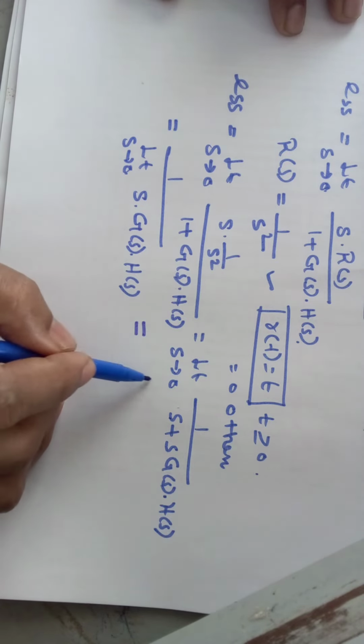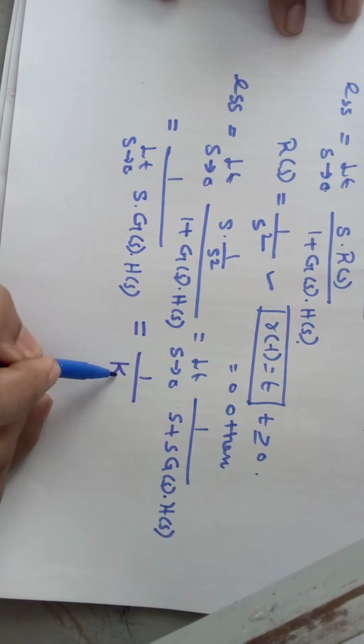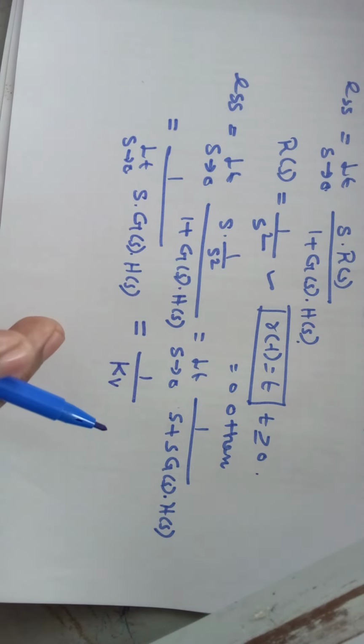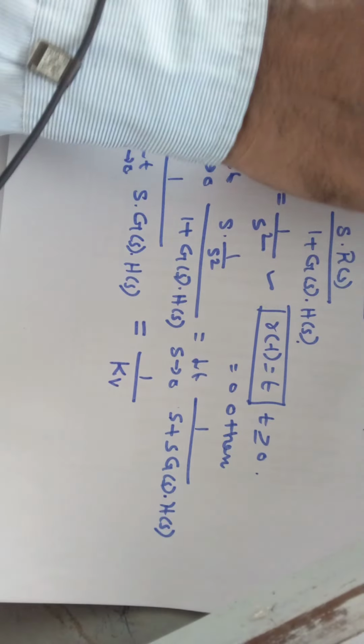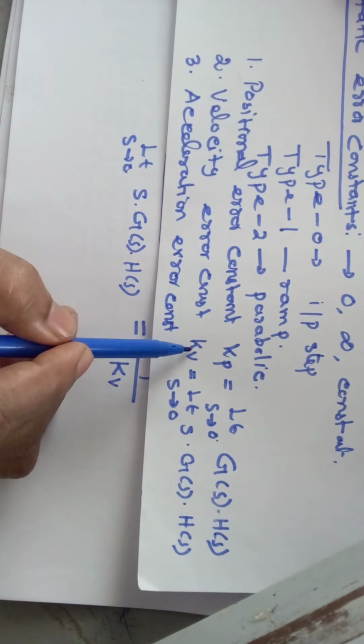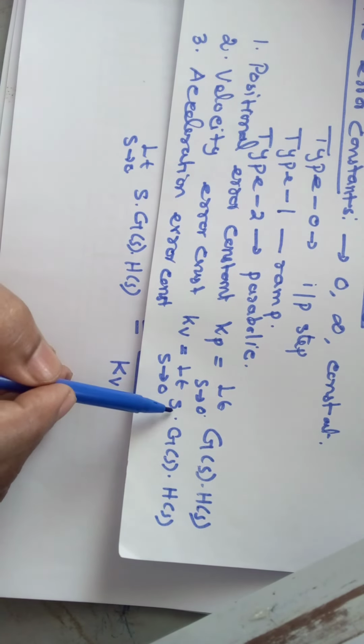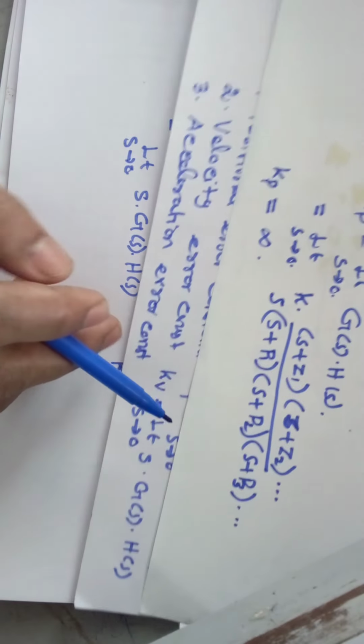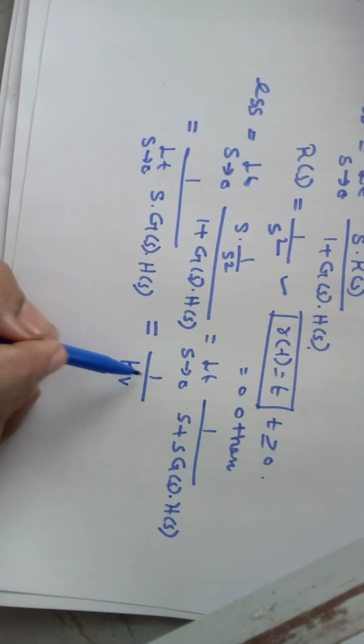This is equal to 1 by Kv, the velocity error constant that we have already defined, right? So the velocity error constant Kv equals limit s tends to 0 of s G(s) H(s), and therefore this term is nothing but 1 by Kv.